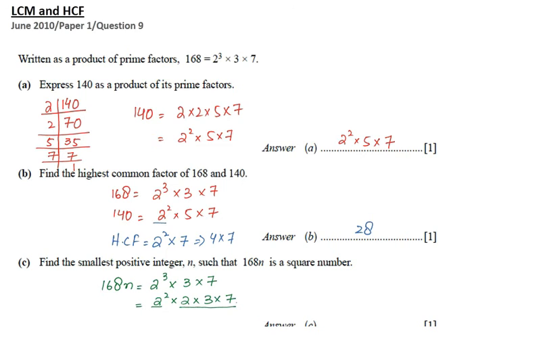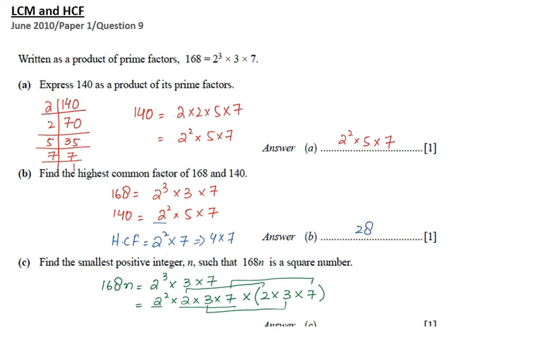So to make these square numbers, we will multiply by 2. So this 2 and this 2 will become 2 square. Then we will multiply by 3, so this 3 and this 3 will become 3 square. Similarly, we will multiply by 7, so this 7 and this 7 will become 7 square.